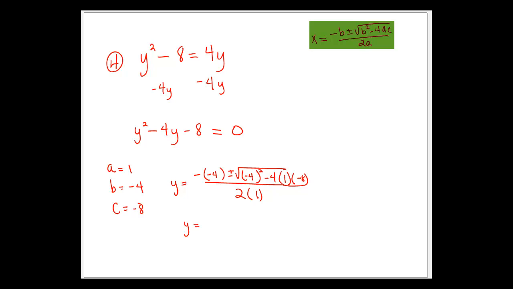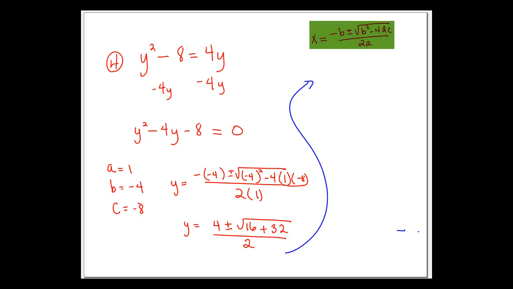Simplifying further, again, minus a negative to get rid of the parentheses, that becomes positive 4, plus or minus, simplify inside the radical, get rid of the exponents. Negative 4 squared is positive 16. Multiplying negative 4 times negative 8 times 1 would be positive 32. And that is all over 2. 2 times 1 is 2.